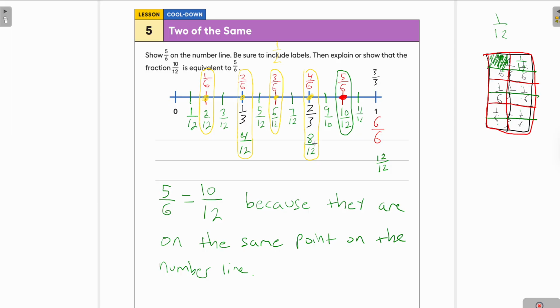All right. I really hope that you're able to understand how we can show equivalent fractions on the number line, how we can break up a number line, for example, thirds, to show sixes and 12s. Notice that because 6 is a multiple of 3, that's why we can break it up.